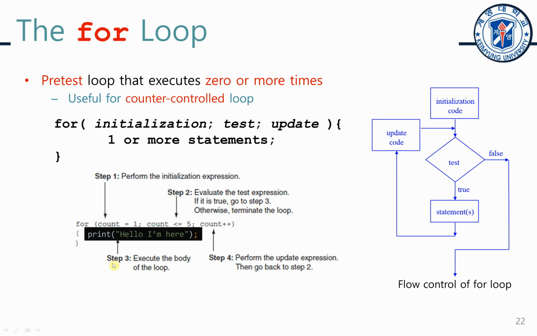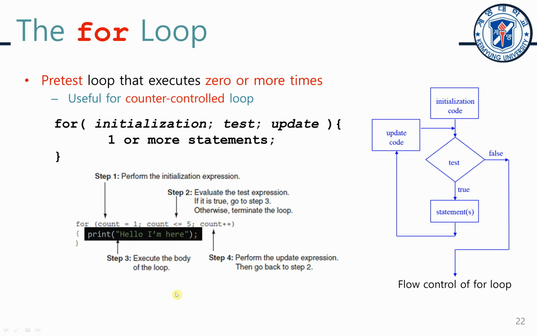That means we execute the loop body, which will print hello, I'm here. Because 1 is less than or equals to 5, it will execute, and then we perform the update of the expression and go to step 2, not step 1.